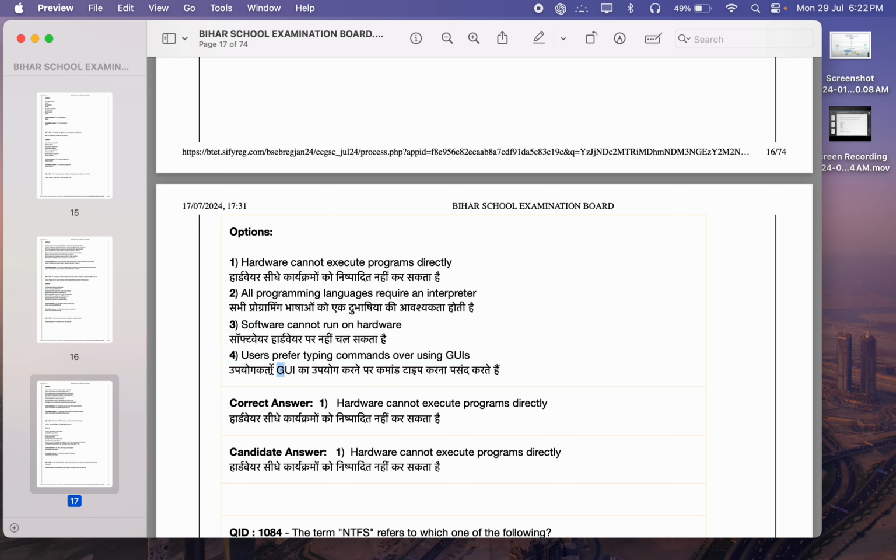So three is false. Users prefer typing commands over GUIs? That is not correct actually. When you use Windows, we use GUI. We don't type commands. And in that way, one suits the best actually.